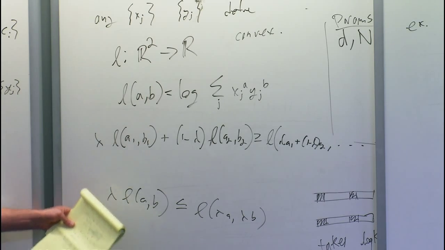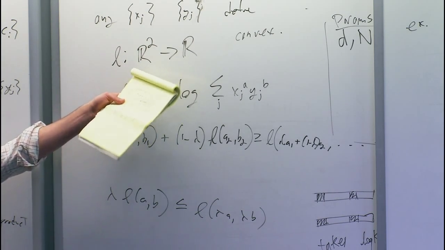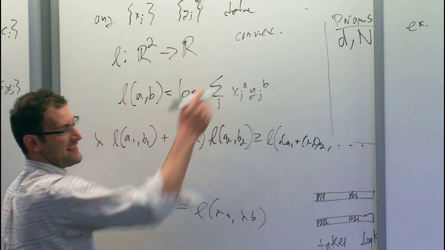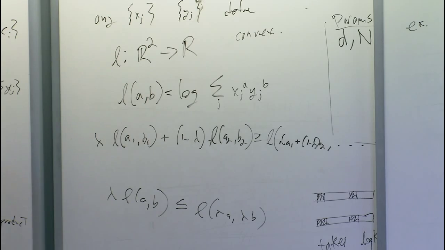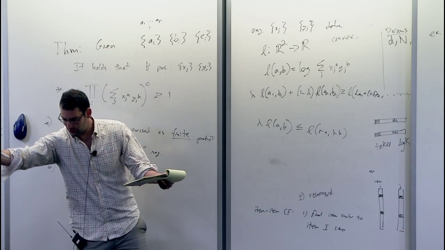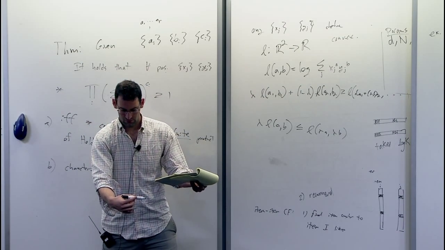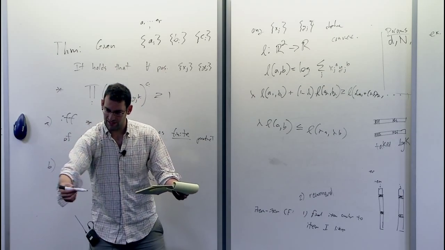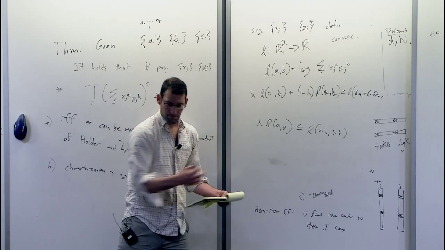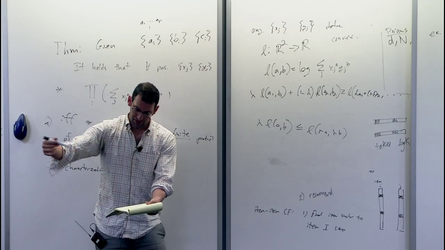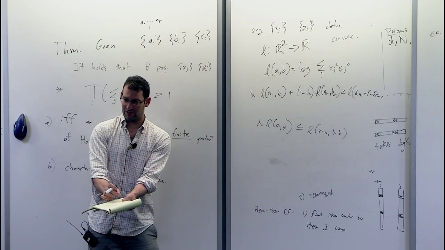This is a function from the plane to R, some surface. Holder's inequality tells us it must be convex. This says if you take any point on this surface and draw the secant line from the surface towards the origin in the AB plane, it must pass through or above the origin in the y direction.